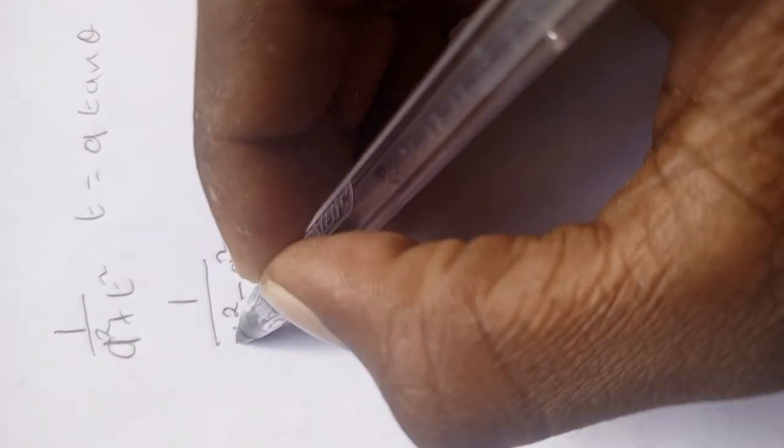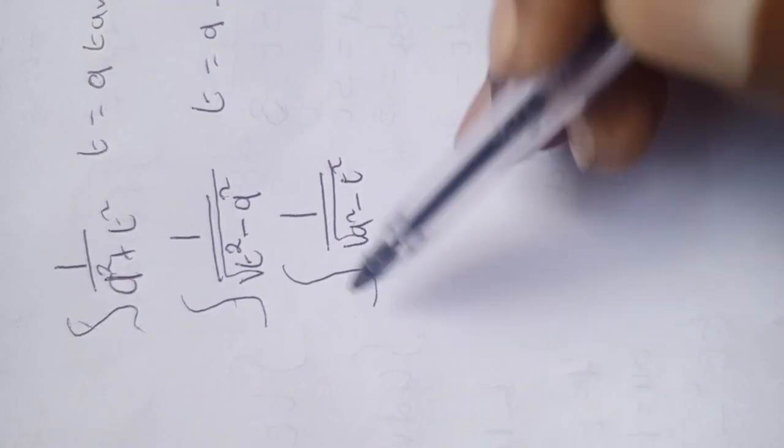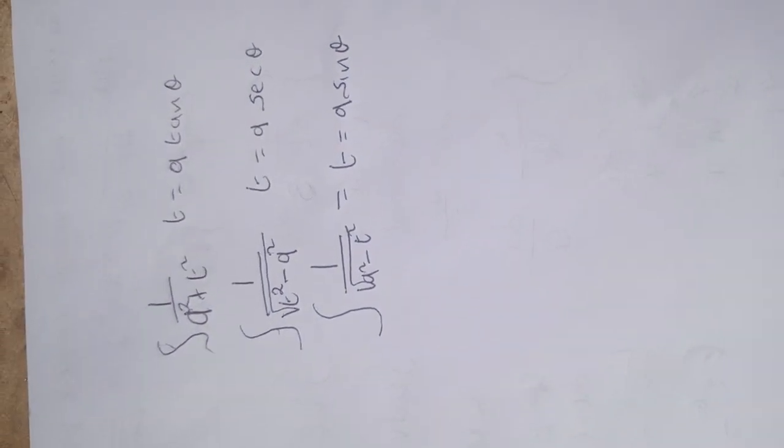When you find something like 1 over t squared minus a squared, where it is just t squared minus a squared, your t will equal a sec theta. When you find a scenario where it is a squared minus t squared, and you're being required to integrate, for this, your t will equal a sine theta. These are the three most basic ways.